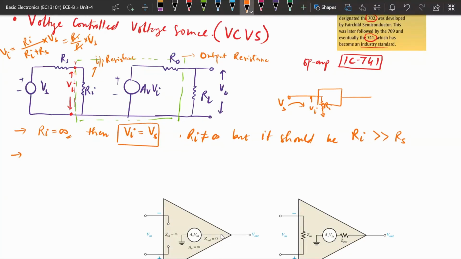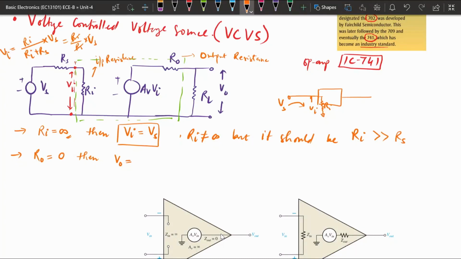Also, if we talk about the output resistance, it should ideally be 0. If the output resistance is 0, then for this circuit V output will be equal to the input voltage multiplied by the gain.